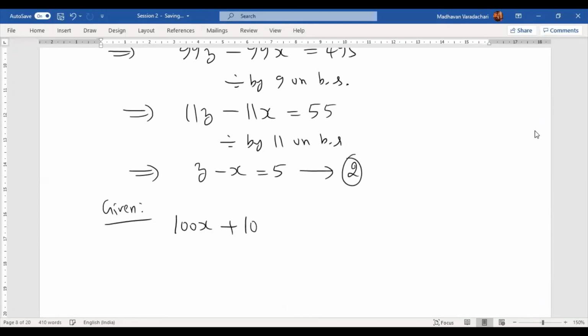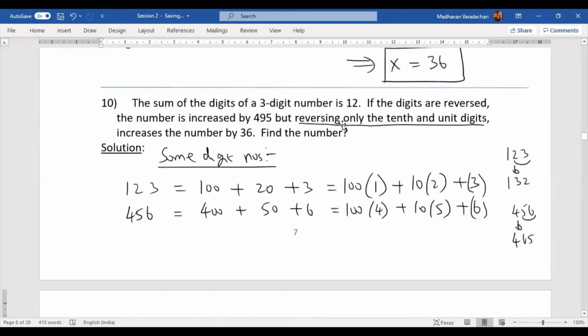Instead of writing 10y, I will write 10z and then y. If I reverse only the 10th and unit digit, the number increases by 36.